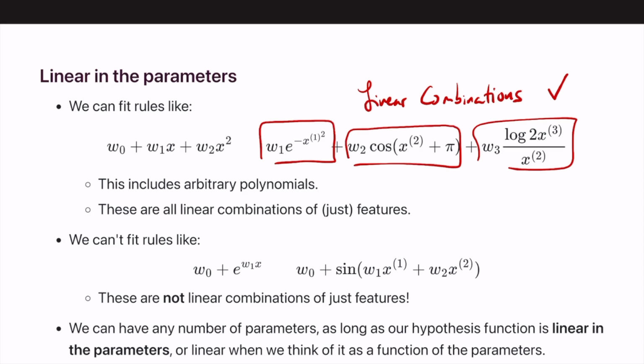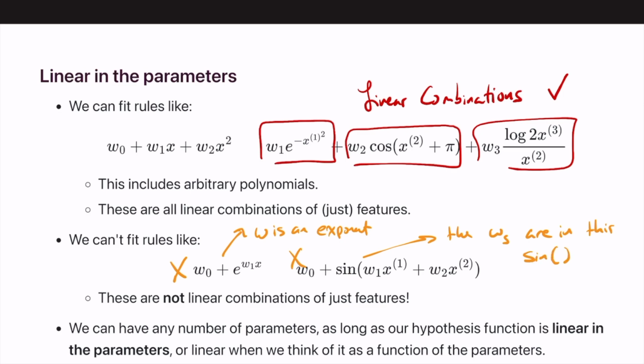What we can't do, though, is something like, I suppose I should use a different color, but this is not good. Why? Because the W is an exponent. And in this case, the W's are in this sine function. And these are not linear combinations anymore. These are weird operations being done to our W's, which is no bueno, not good.